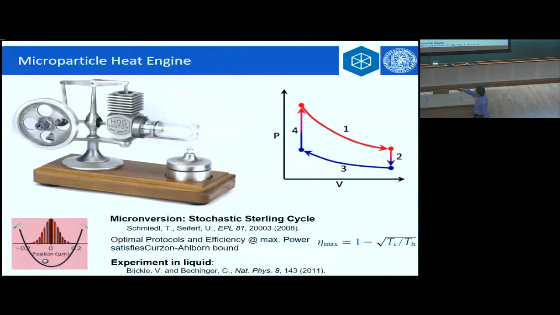So the volume would correspond to the width of a harmonic trap, and the pressure would correspond to the volume, and the temperature would be a surrounding temperature, and our system is just a single particle in this trap. So you can imagine that the probability distribution of this particle in the trap corresponds, so to say, to the gas.